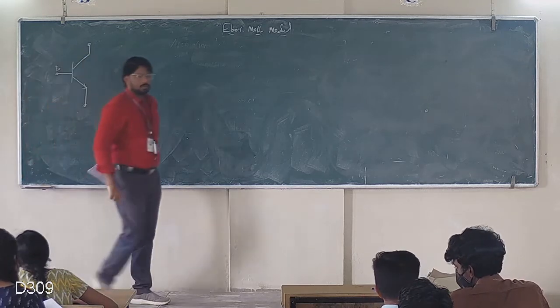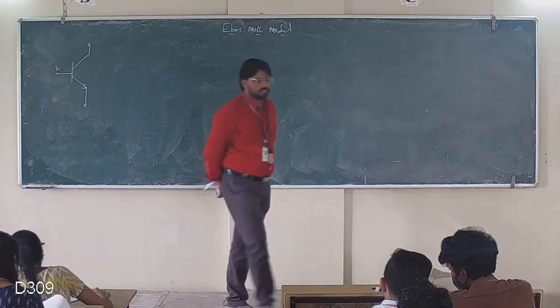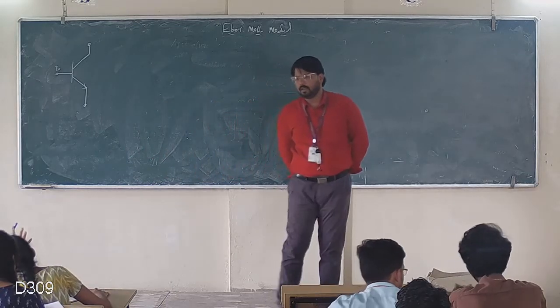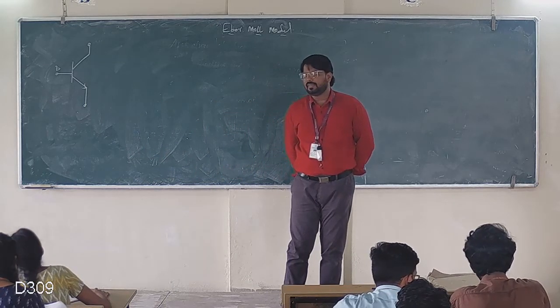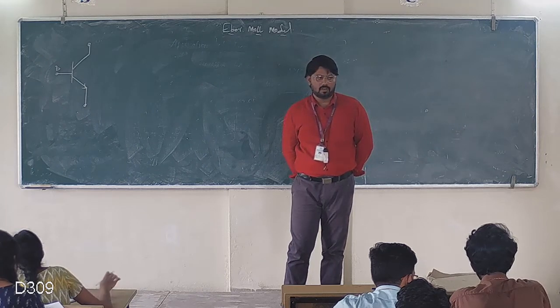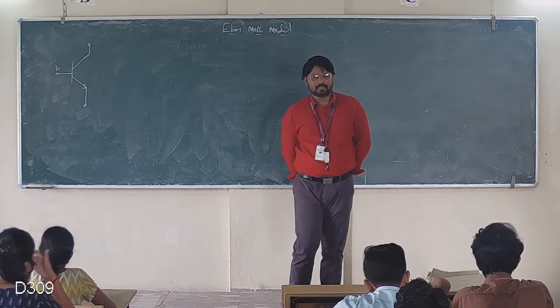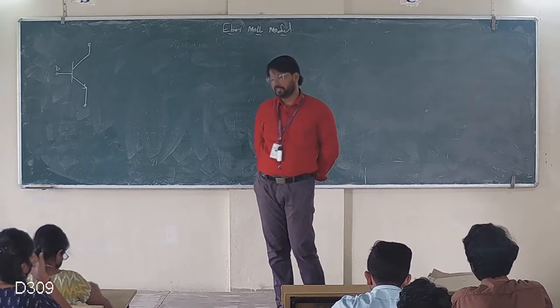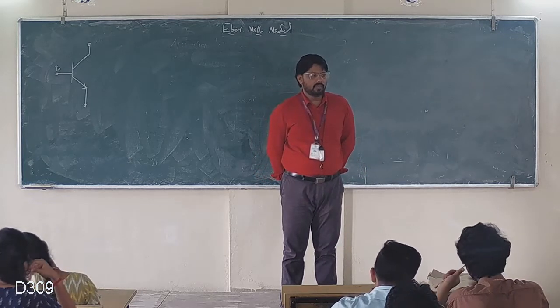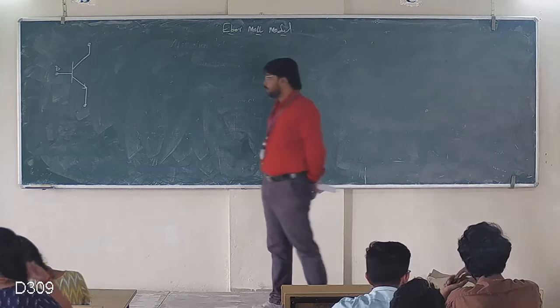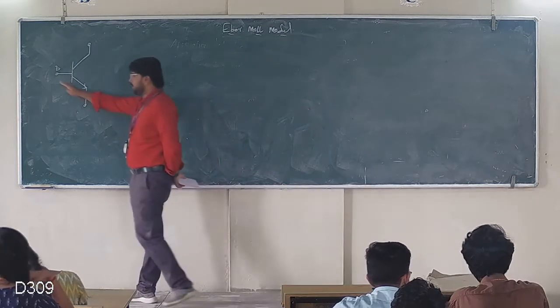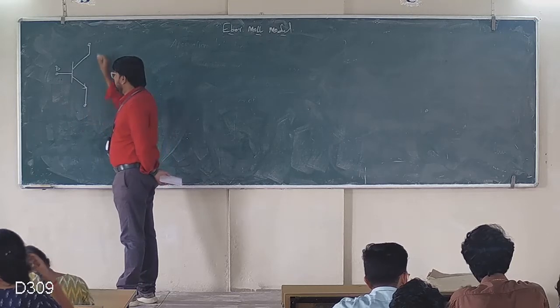So, listen, here we are going to have a discussion on the Ebers-Moll model. It is a DC characteristics analysis model which is used to prove emitter and collector are interchangeable with the same condition. That we are going to prove. Base is base, emitter is emitter, collector is collector.